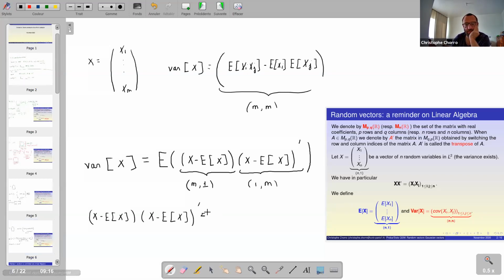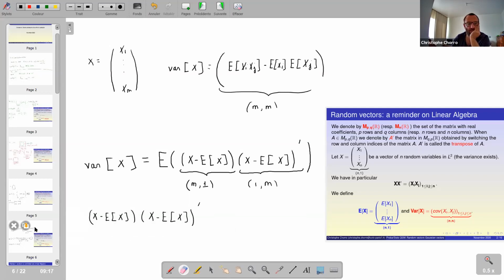the matrix I obtain inside here is just a matrix with a general term that is xi xj minus expectation of xi, expectation of xj. So it's not true what I have written here.